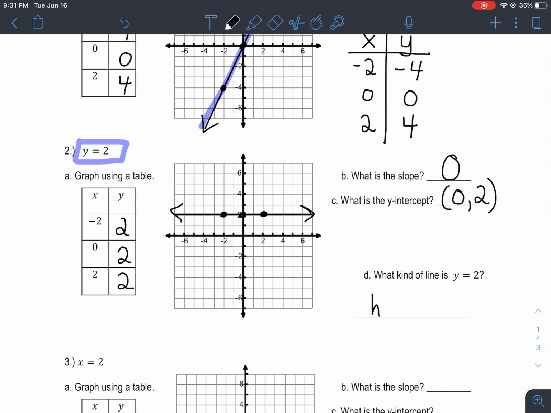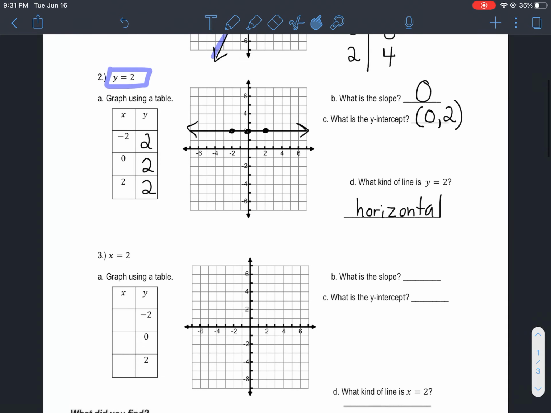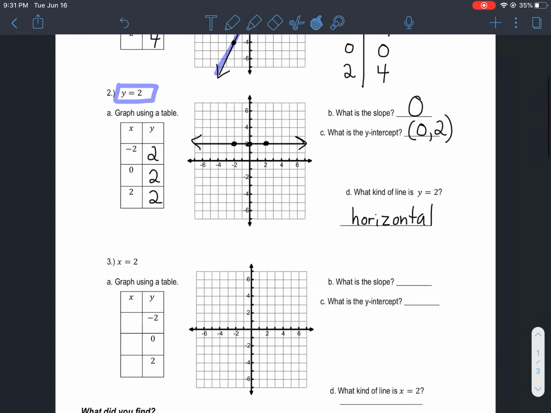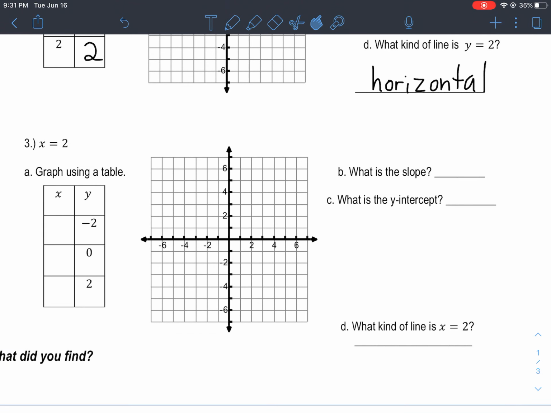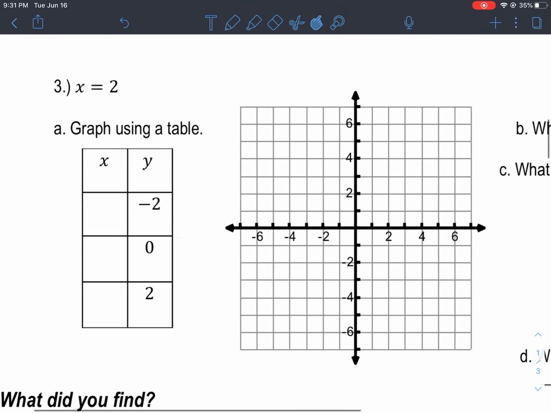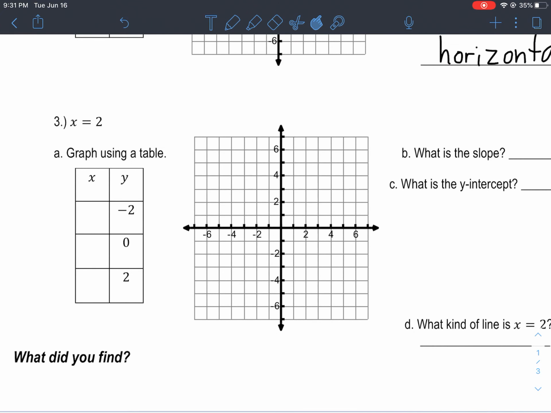What kind of line is y equals 2? It looks horizontal. And now taking a look at the next one here, we have x equals 2. So now I've given you your y coordinates. Again, you can pick whichever ones you want, but this is the same concept as the last one.